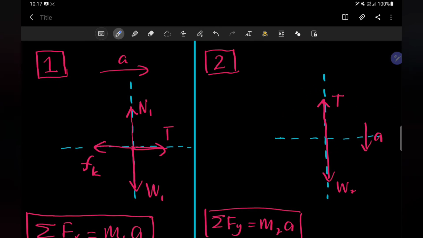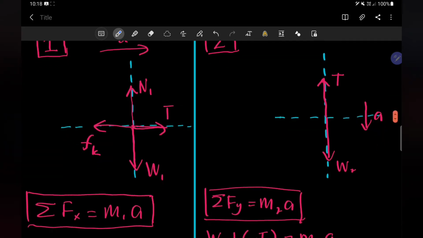On the first body, we have the weight of the first body, normal, the tension, also the friction. And this is the acceleration. I separate the acceleration because acceleration is not a force, so I put it outside. For the second body, we have the weight of the second body, the tension, and its motion, acceleration a.